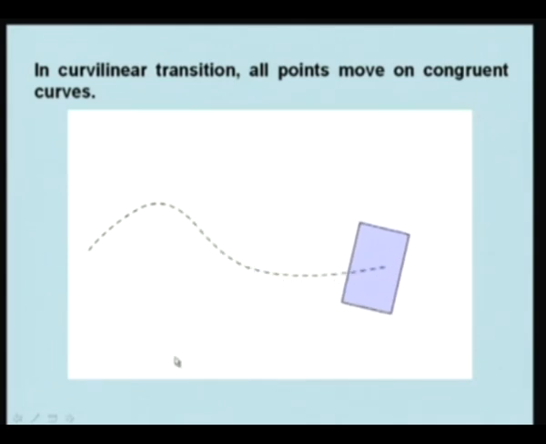The velocity may be changing, the body may be accelerating or decelerating, that is a different issue, but the velocity of one particle is the same as the velocity of any other particle on the body. So, this is an example of curvilinear translation.